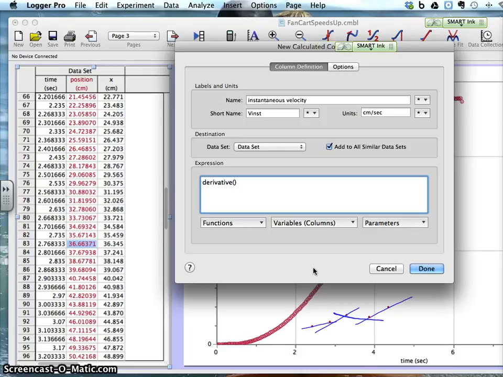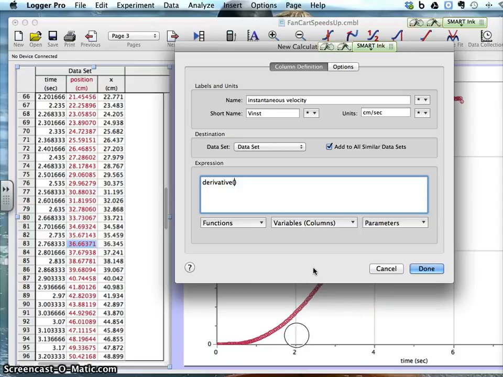Consider, instead of taking the slope of our data, didn't we make a nice, beautiful best fit curve? Use that, because then you're going to have this beautiful curve, and your tangents will be nice and smooth. Does that make sense?